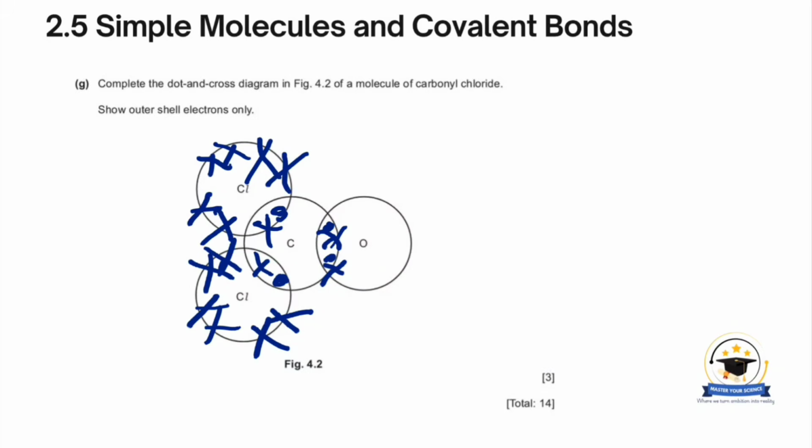And then oxygen, we also need to fill in the other electrons, so that will be 4 electrons because it has already used 2 for the bonding. So as you can see, now each atom has 8 electrons around it.